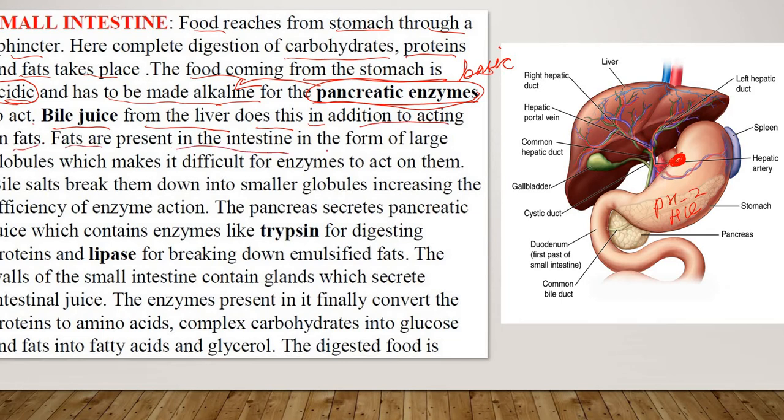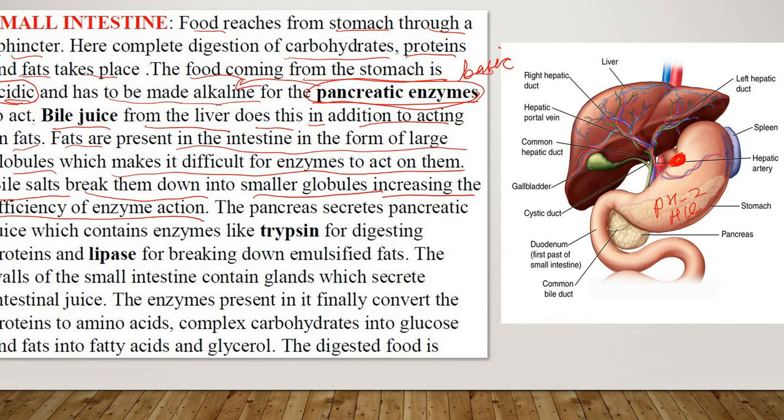Fats are present in the intestine in the form of large globules, which make it difficult for the enzymes to act on them. So your bile salts break them down into smaller globules, increasing the efficiency of enzyme action.